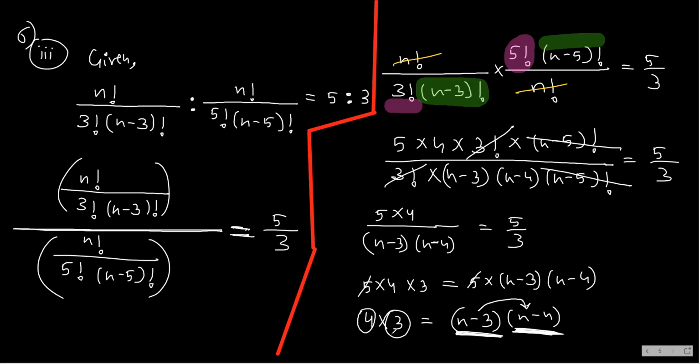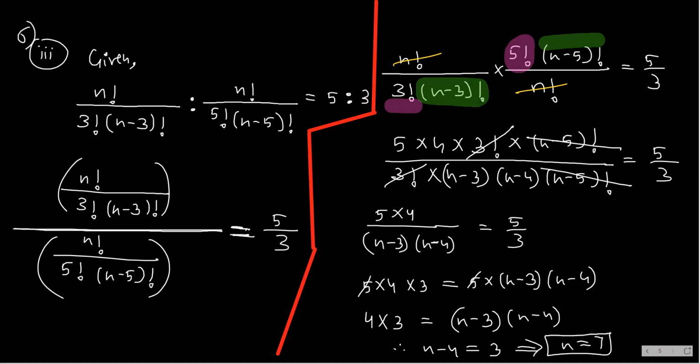These two are also consecutive numbers, 4 is bigger than 3 by 1. So I will take n minus 4 as 3, smaller number equals to smaller number. Therefore n minus 4 equals 3, which implies n is equal to 7. I hope you all have understood this. Please copy it.